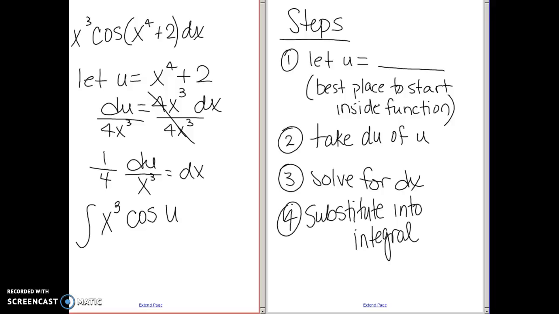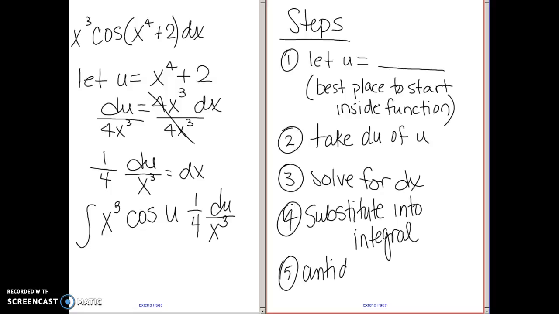And instead of a dx, I'm using a 1/4 du over x cubed. And step 5, take the antiderivative. And just so that I can clear this board out of my way, step 6 is to replace u.